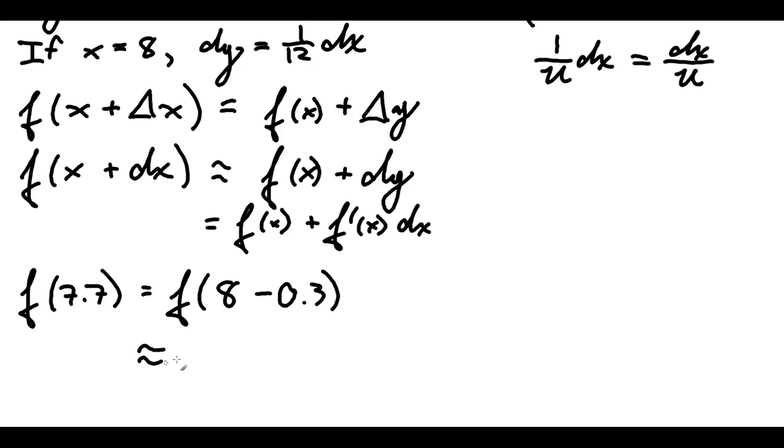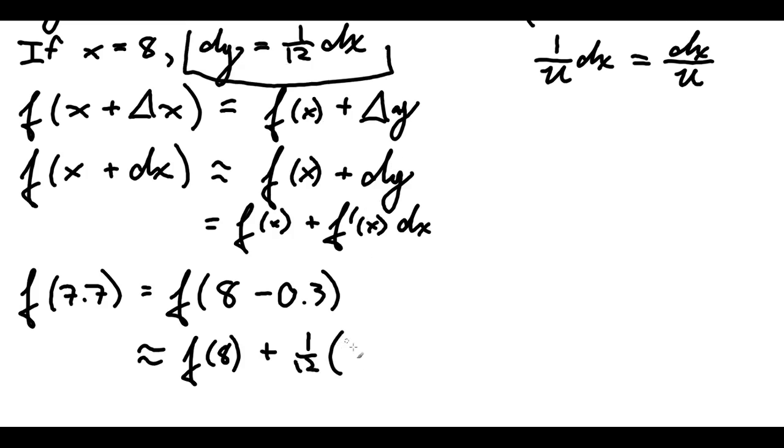So this should be approximately equal to f of 8 plus that appropriate differential dy, which is 1/12 times dx. I'm using this up here. dy is 1/12 dx. So we have 1/12. This negative 0.3 is the dx, right?